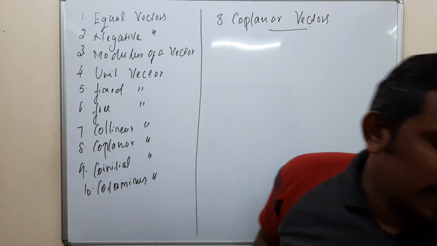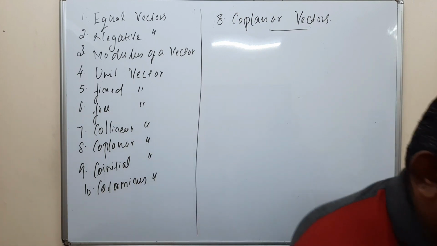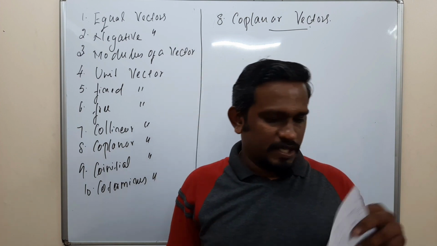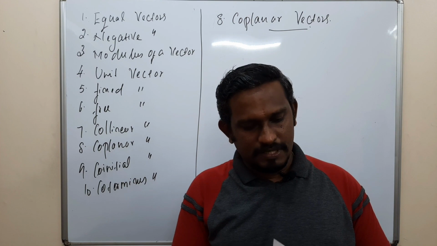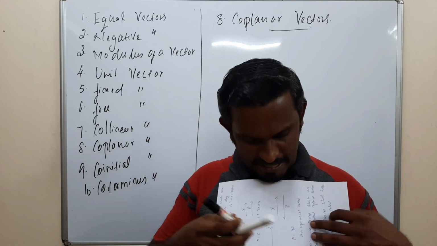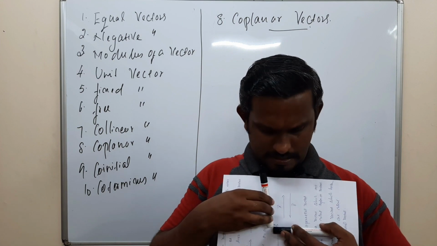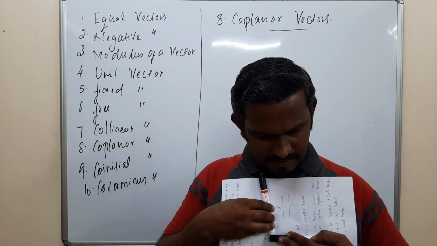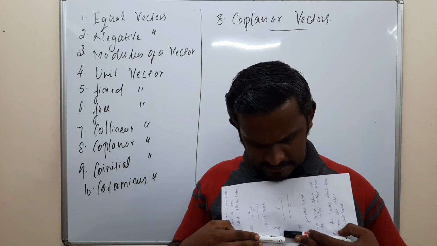Suppose this is a plane, and these two are vectors. Consider these two vectors are acting in the same plane. Am I right? Acting in the same plane, in this direction or this direction, anyway.